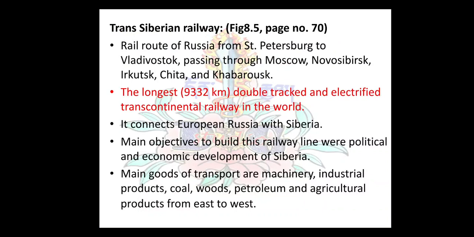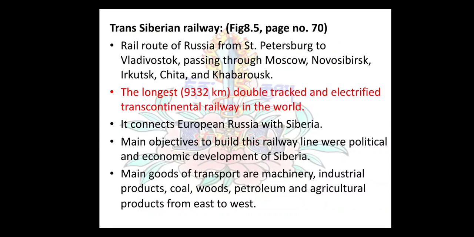In the exam, if they ask which is the longest railway line in the world, the Trans-Siberian railway line is the longest. The total length is 9,332 kilometers, and it is a double track and electrified transcontinental railway line.